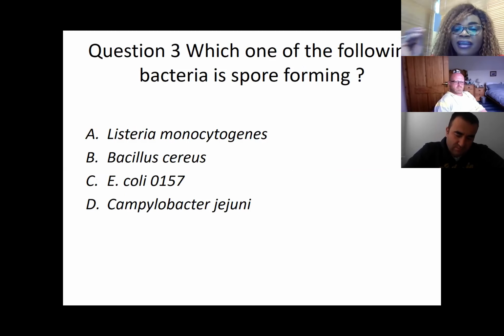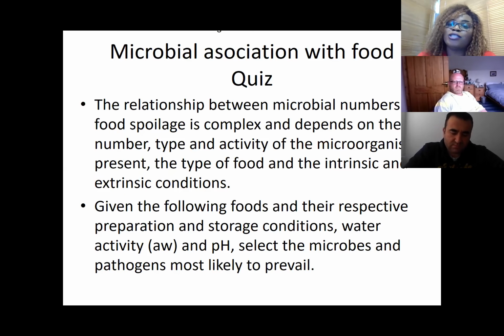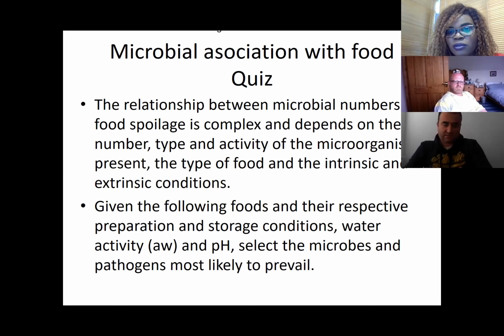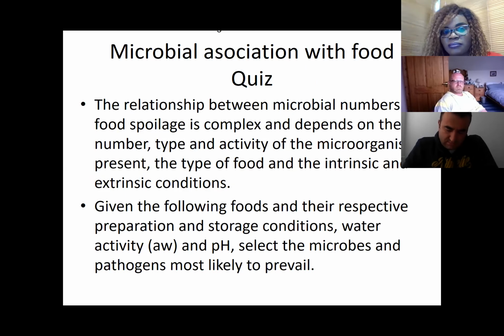Now, the thing that is very interesting, and we've done this in class, is to do with microbial association with food. The relationship between microbial numbers and food spoilage is complex and depends on the number, type, and activity of the microorganisms present, the type of food, and also the intrinsic and extrinsic conditions.